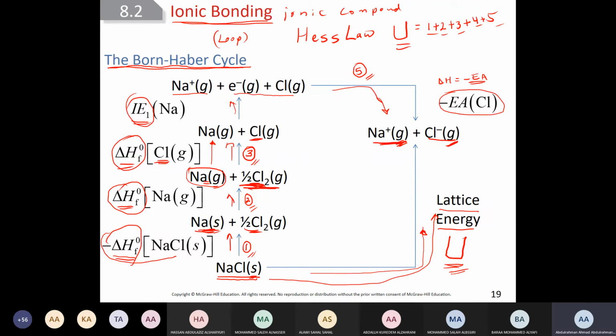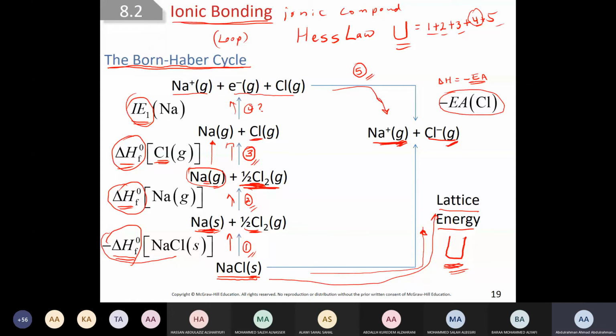And I give you 5 and U. Then can you calculate what's 4? Subtract 1, 2, 3, 5, U minus all these numbers. Exactly. Is this clear?